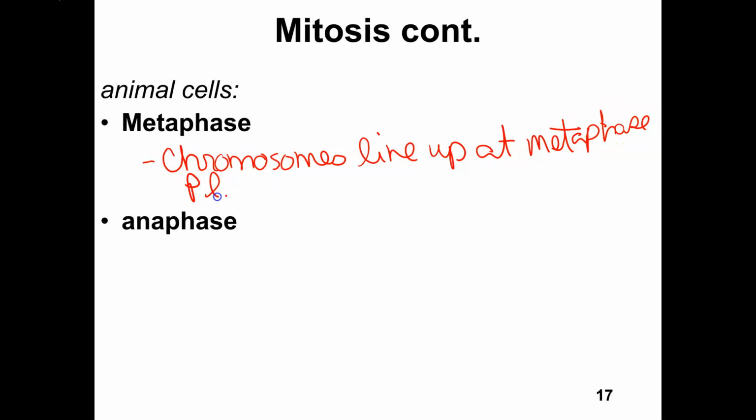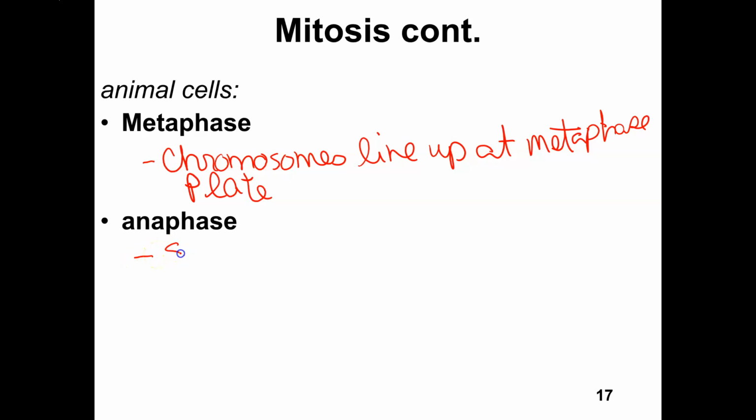And so the metaphase plate is just an imaginary line in the middle of the cell. And the chromosomes line up there. They're puppeted there by those spindle fibers. So the spindle fibers are basically moving those chromosomes where they need to go so that they then can be prepared to be separated. So the next phase is anaphase.